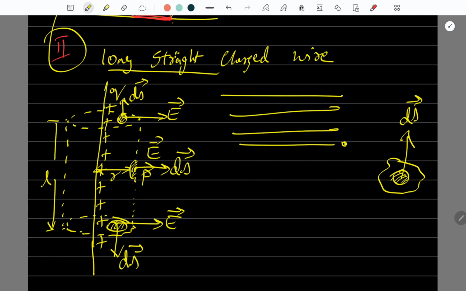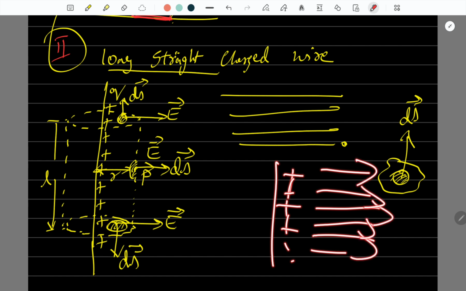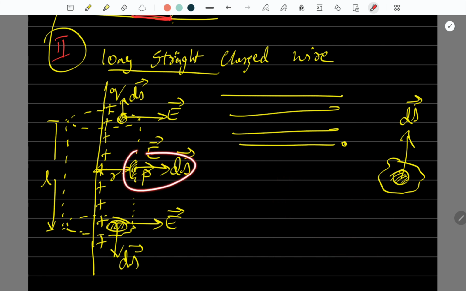That is the way of taking the area vector. So here also, for the first case we have taken a small area and marked ds. Second, in the second part of the figure, the circle at the bottom, we also took a small area, shown here, and ds vector points downwards. The electric field as it is will go to the right, because if the charges are continuous like this, the electric field will be like this everywhere, to the right. So whether it is the point here, or above, or below, the electric field will always be in the same direction, isn't it? The area vector that we have taken above will also be upwards.